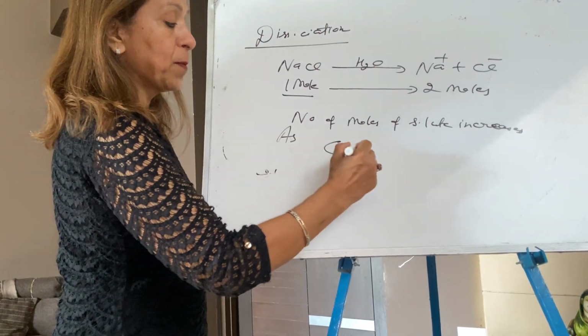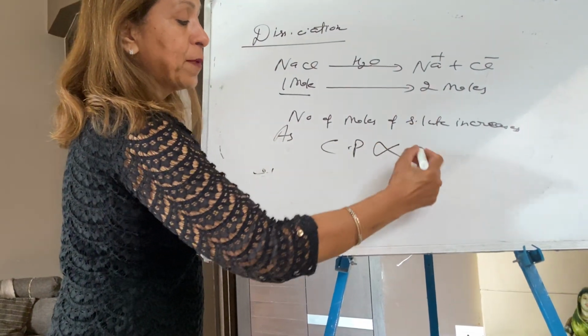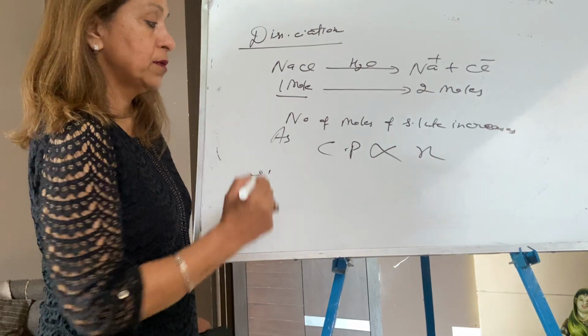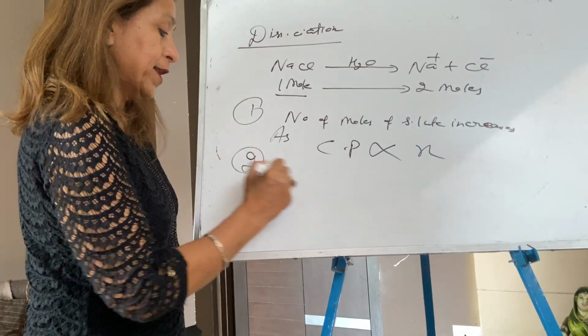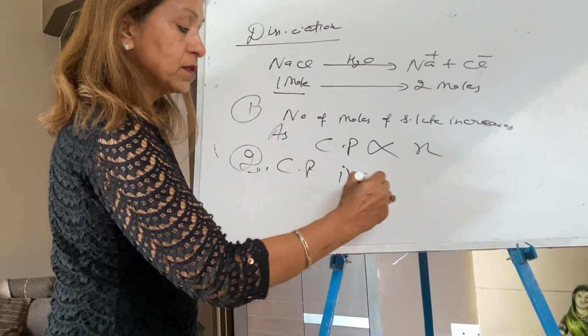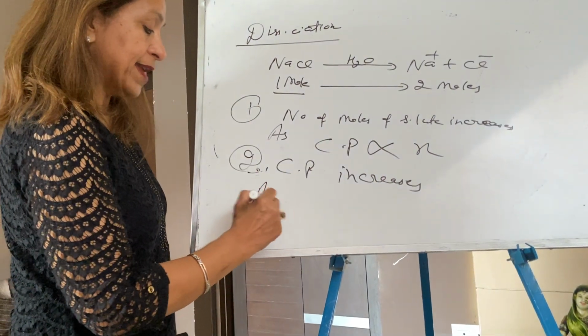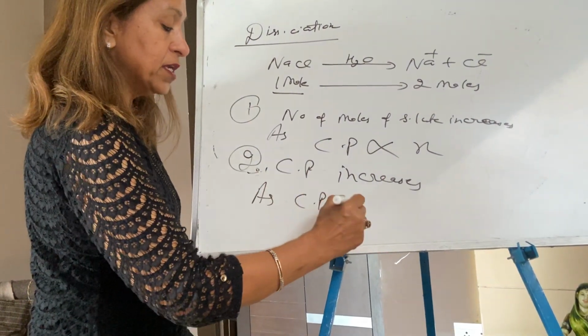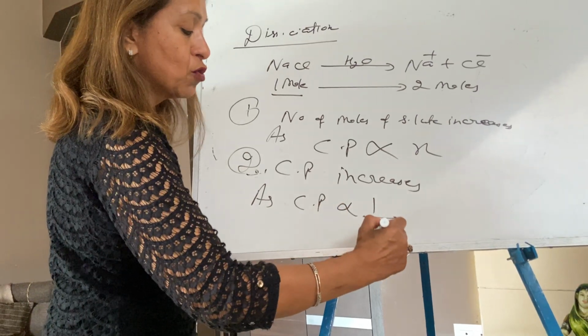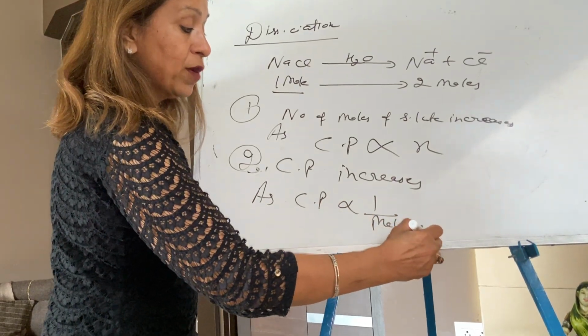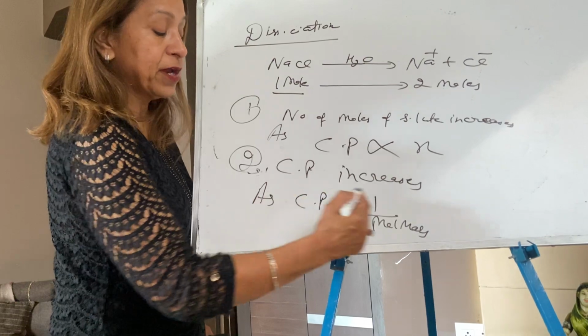As colligative property is directly proportional to the number of moles, colligative property increases. Colligative property is also inversely proportional to molecular mass, that you have seen yesterday when I took numericals.